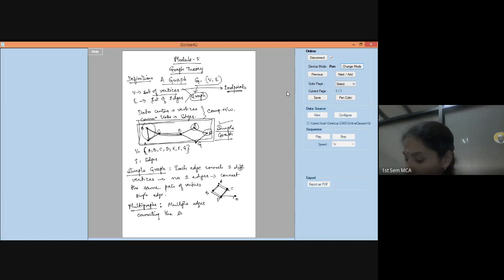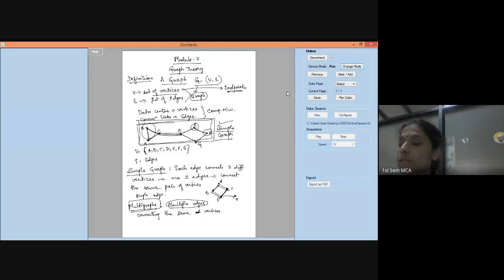That means between two vertices, you may have multiple edges.